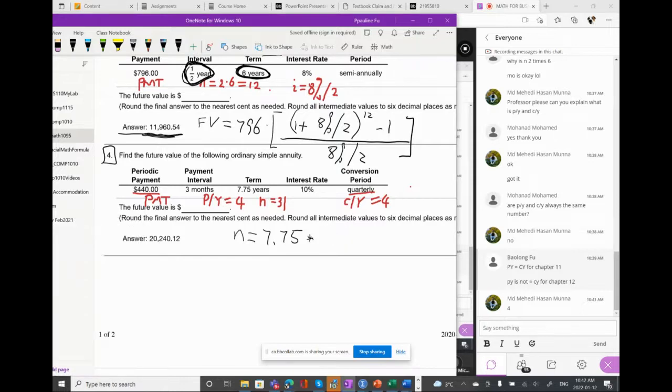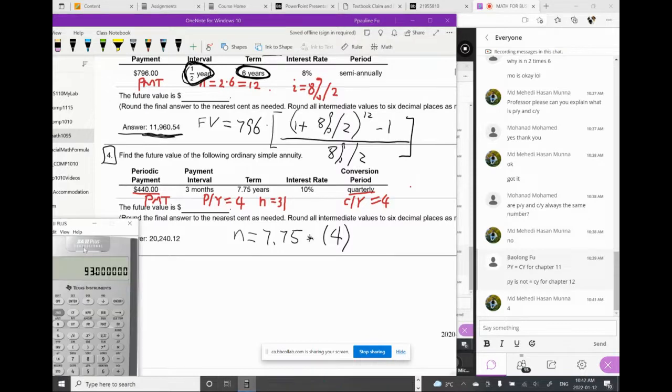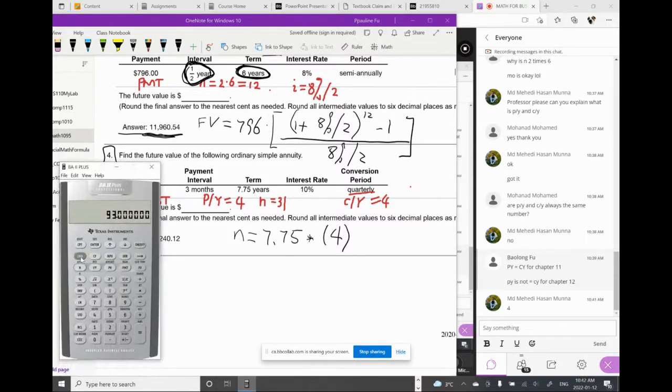Because you make payment every 3 months. So 7.75, 1 year you make 4 payments, so times 4. 7.75 times 4. Second quit, I need to do 7.75 times 4.